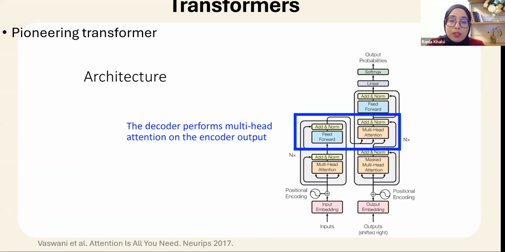So this is the main transformer architecture. We have the encoder, we have the decoder, and they are connected to each other through what we call cross attention. The decoder's multi-head attention block takes the encoder's output as input, okay? This is how the model links the source sentence to the generated output.